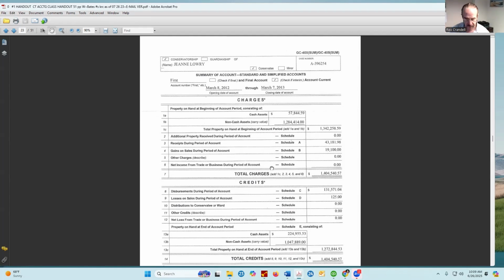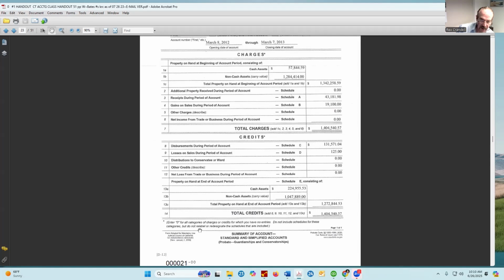It's the pivotal form, like the center axle in a bicycle wheel. All the spokes come back to this form, and this is the top sheet for an account. The lower left shows that it's a Judicial Council form and that it's approved for mandatory use.